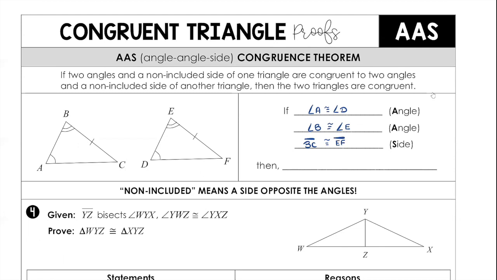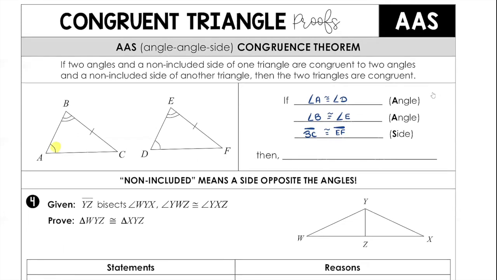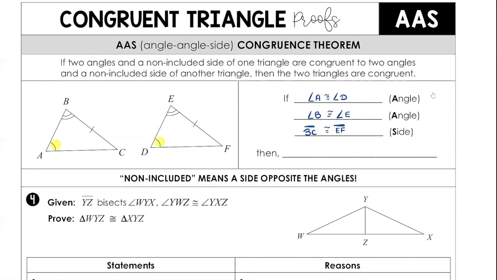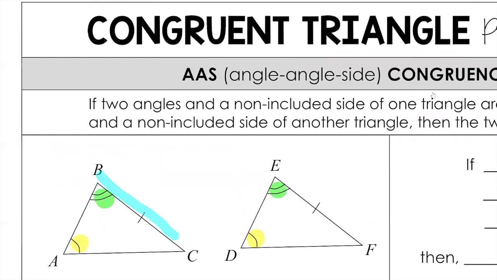So when I mark up our diagrams, nice and pretty, A to D, B to E, and then my side is BC to EF.